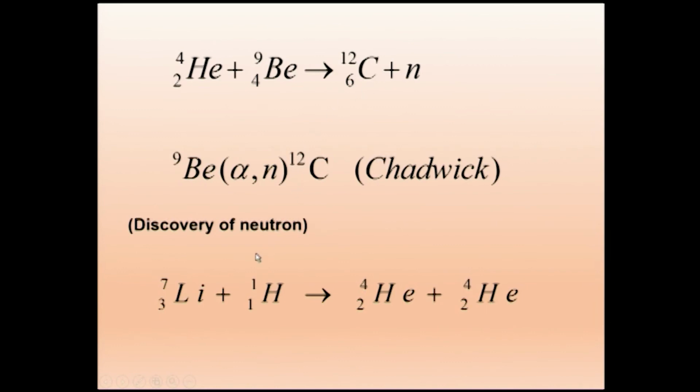So, this led to the discovery of the neutron. Now, just another example of a reaction: lithium 7 plus a proton will give you helium 4 plus another alpha particle, because alpha is a stable cluster, lithium is unstable, and we get 2 alpha particles emitted.